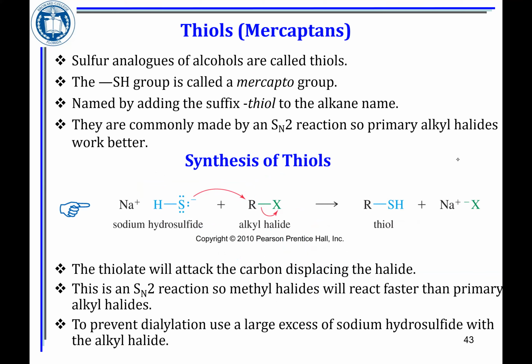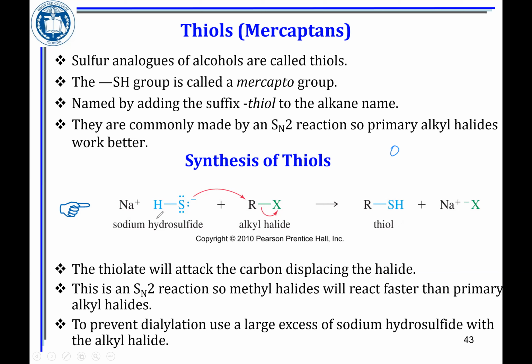In preparation of the thiols, I usually don't cover this, but since we just want to look at what the thiol is: oxygen and sulfur, they are both in group 6 of the periodic table.